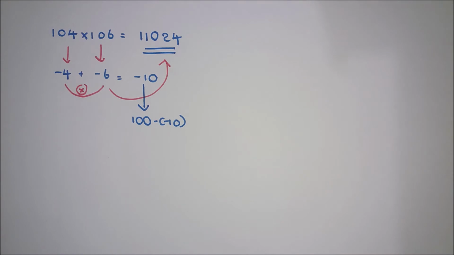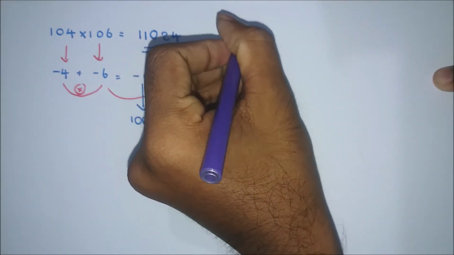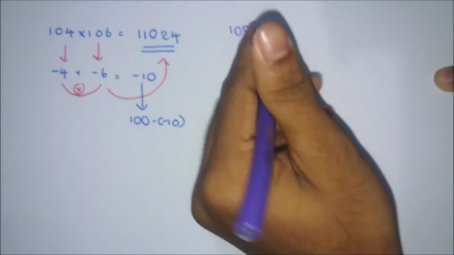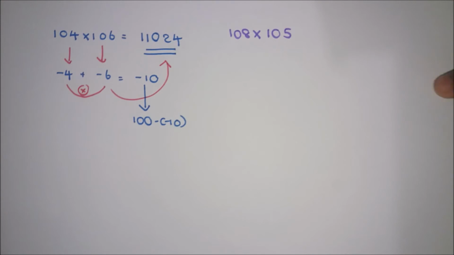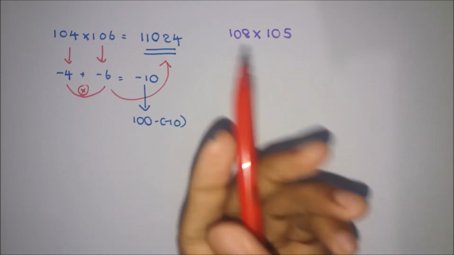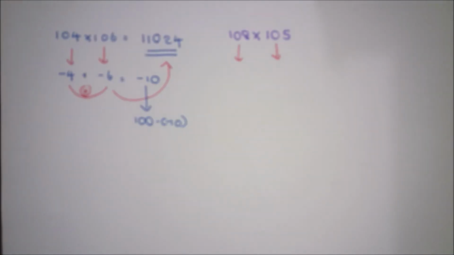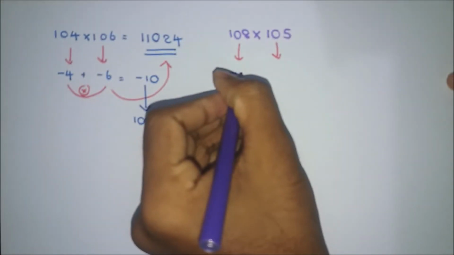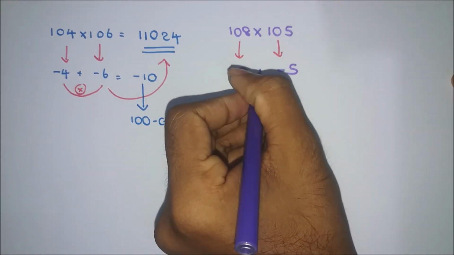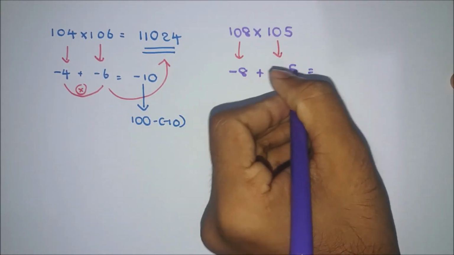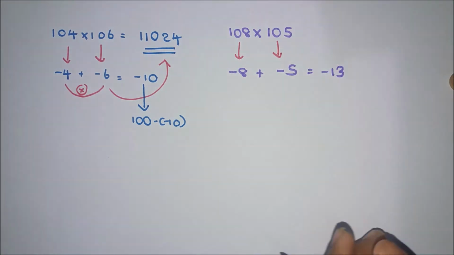Let's consider another example. We have to multiply 108 by 105. Same procedure. Take the difference. The differences are minus 8 and minus 5. Add minus 8 and minus 5. The answer is minus 13.